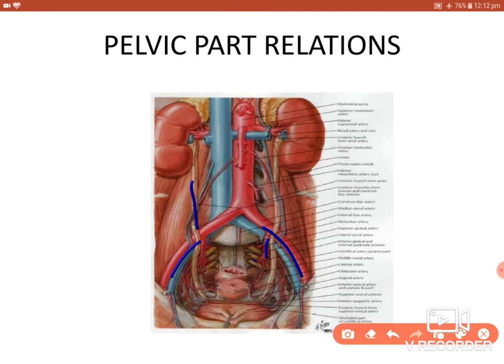Here you can see the nerve plexus. Then behind is the sacroiliac joint. These form the posterior relations, which lie behind the ureter in the vertical pelvic part.